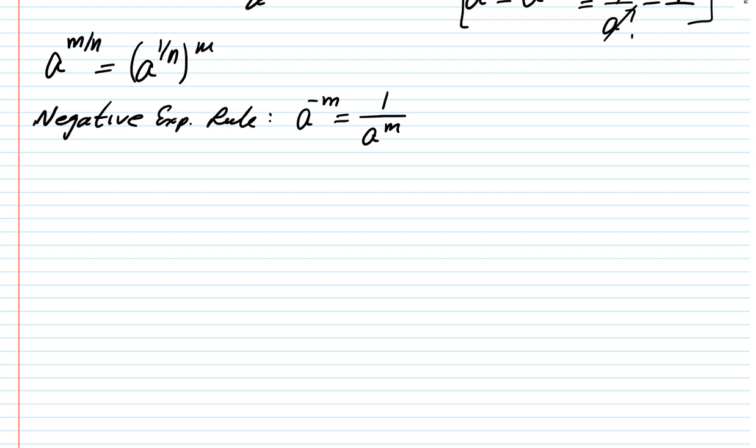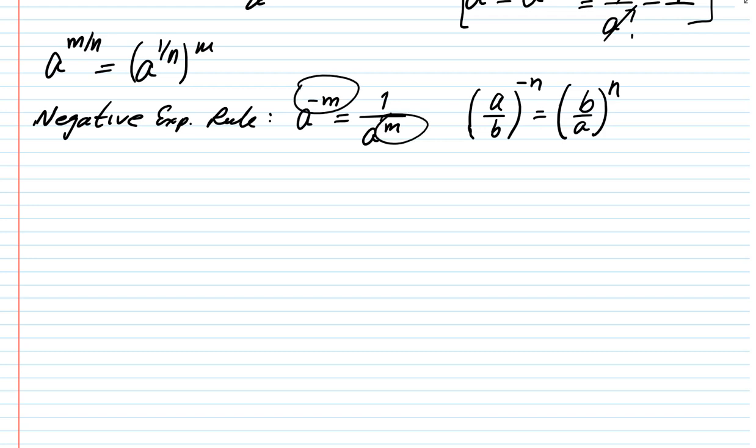Okay, that's the rewrite of negative exponents. And of course, the negative exponent I had earlier, a over b to negative n, is going to be b over a to the n power. So that's also the negative exponent rule. Both of these change a negative to a positive exponent, so we can either simplify or interpret the expressions a little easier.